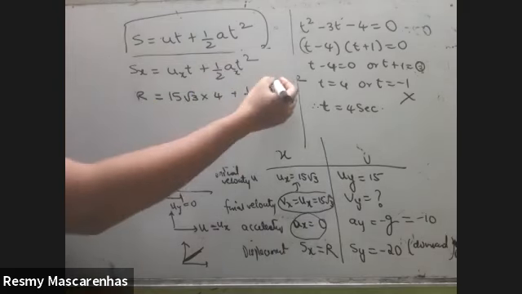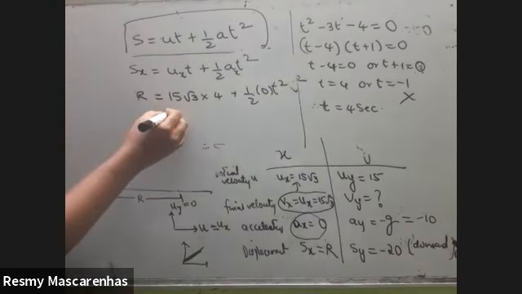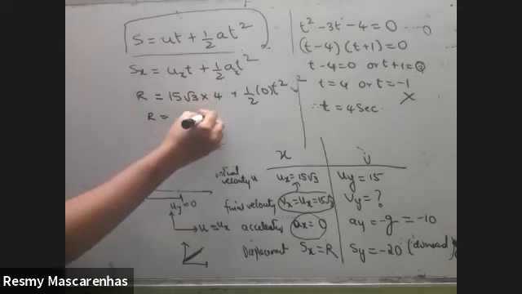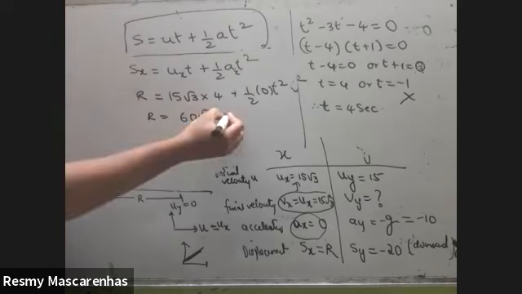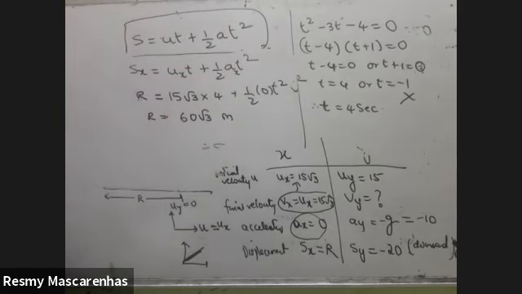Ax is 0. R is how much? 15 4s are 60 root 3. This part will become 0. The second part is done. We got a horizontal range.